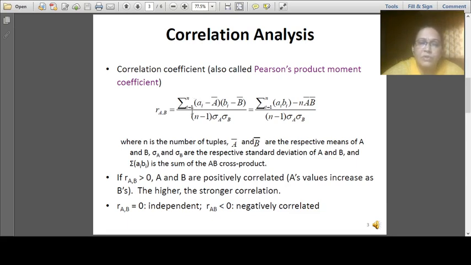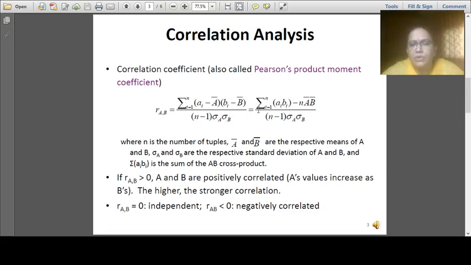From i equals 1 to n means for all the n persons occupying n rows, we take those values and subtract the mean of the weight. Then the height of each person minus the mean of the height column, divided by n minus 1, the standard deviation of the weight column, and the standard deviation of the height column.